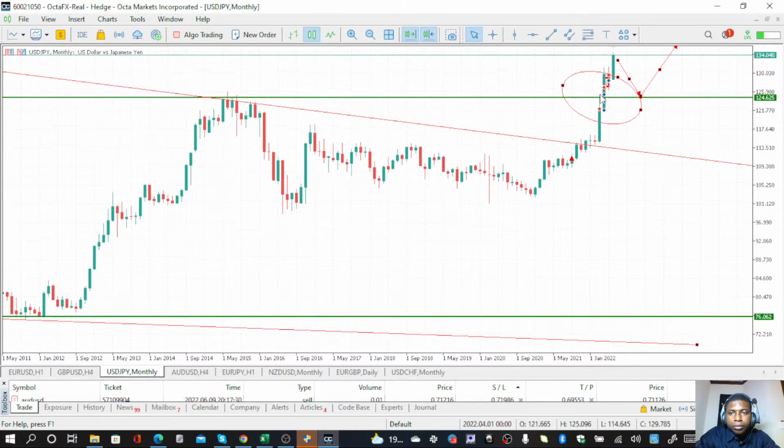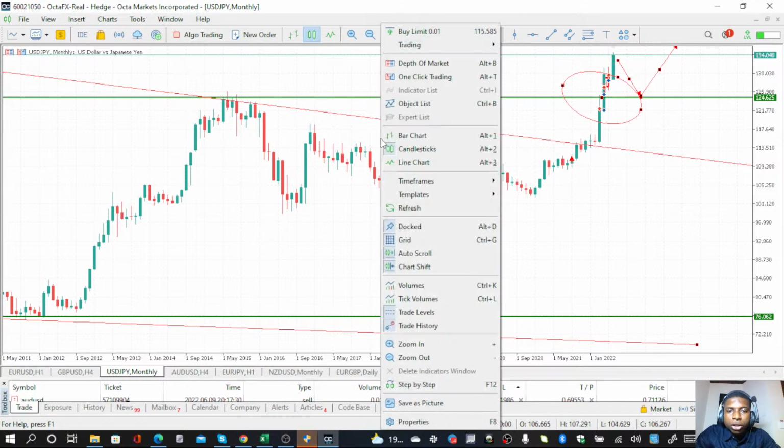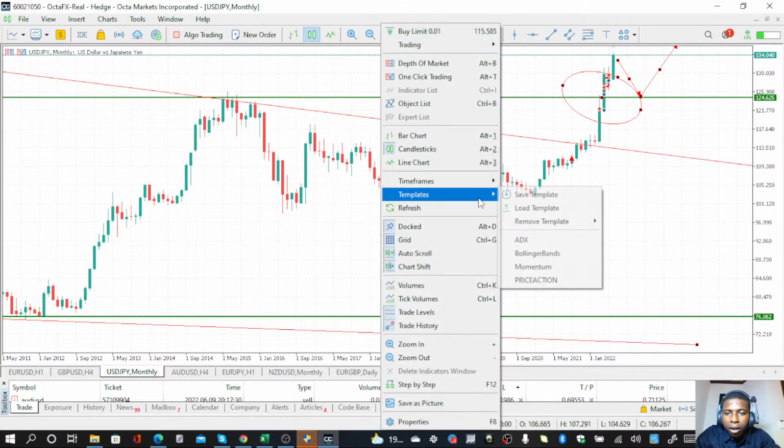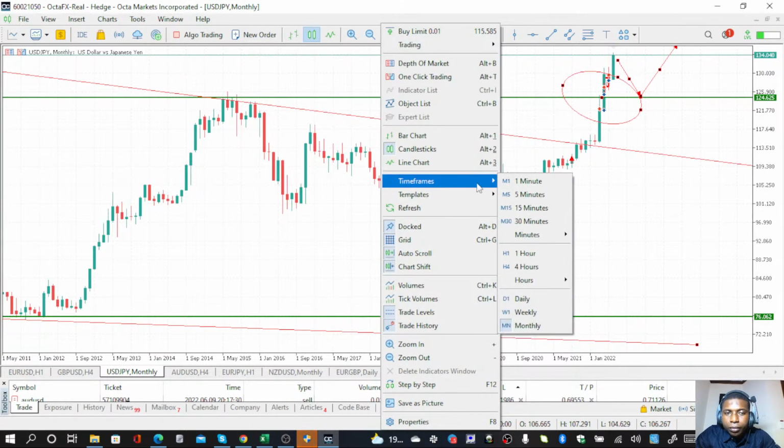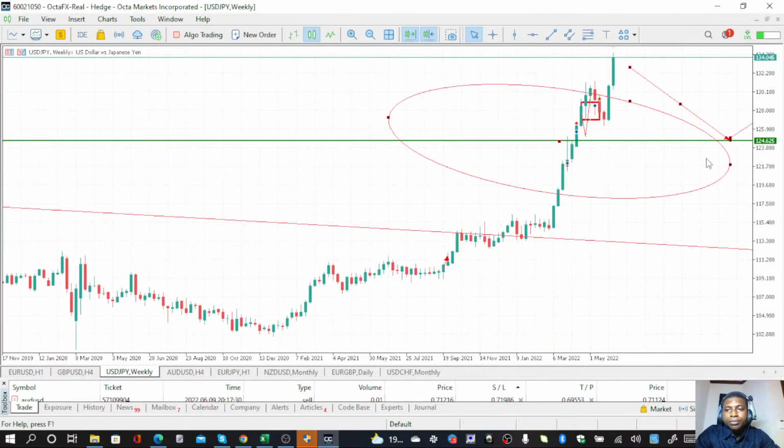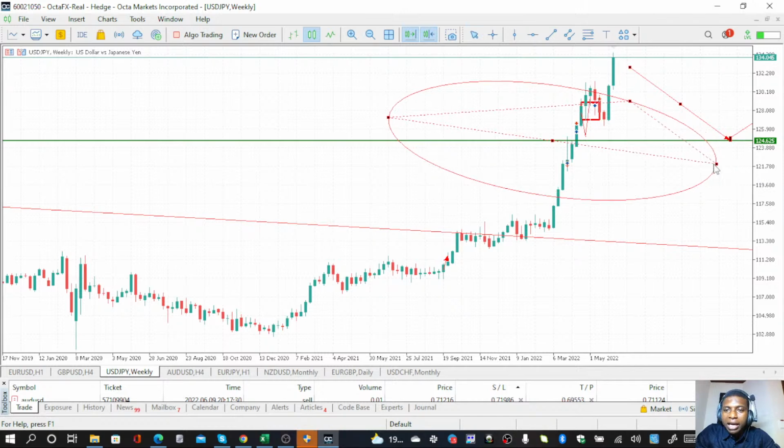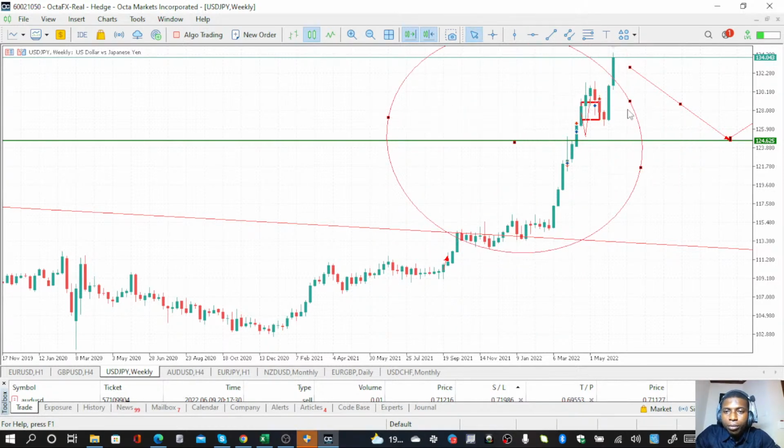Now let's go to the lower time frame, which is the weekly time frame. I'm sure you can see it clearly here now. It's more emboldened at this level.